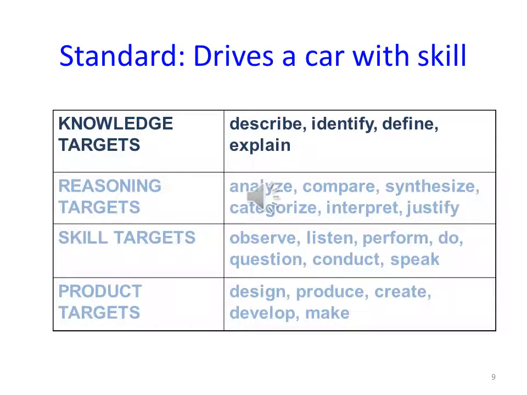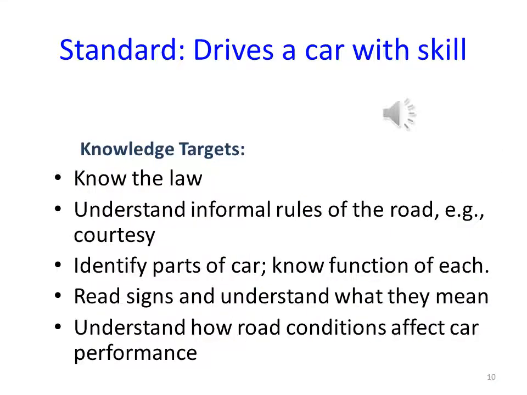Our standard drives a car with skill has many different targets in it. So if we look at the knowledge targets in our standard, what do we know? Here are some examples. Again, our standard drives a car with skill.